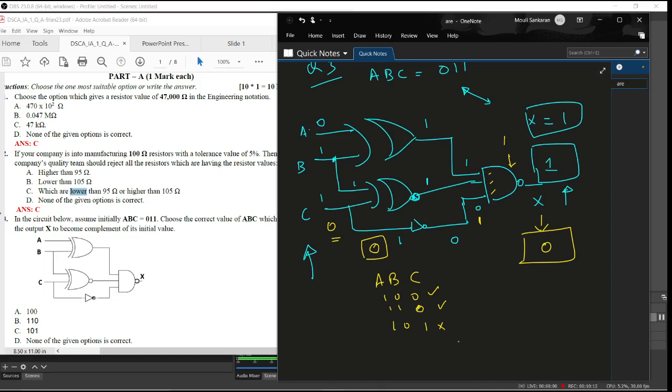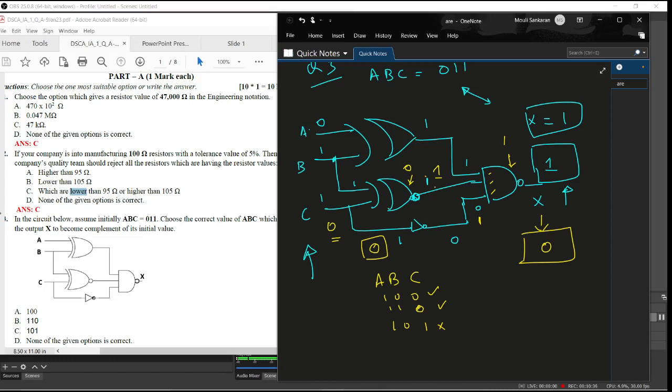Now let us trace back. Now this needs to be 1, of course. That means we should not consider the old value now, because the old value was earlier 1 and this is 0 now. So we should backtrack now. I want this to be 1 now. If this needs to be 1, before the NOT gate, it should be 0.